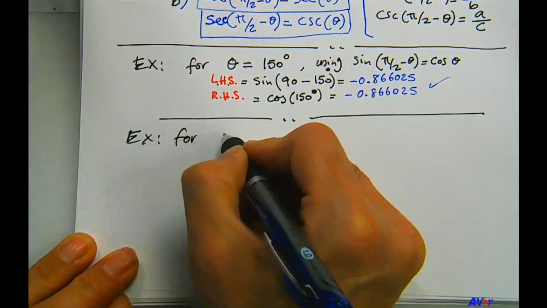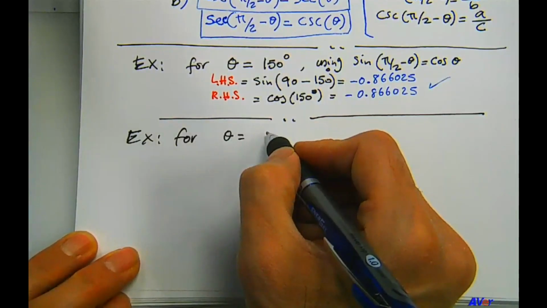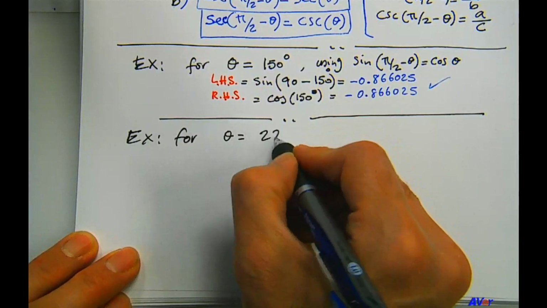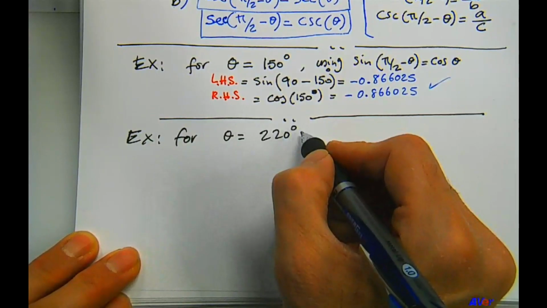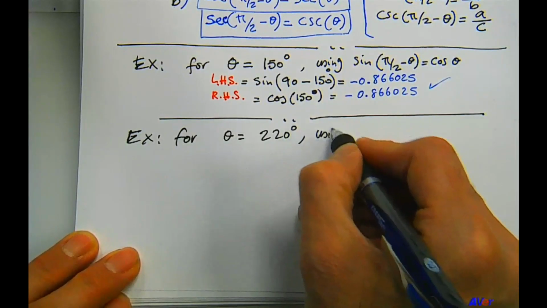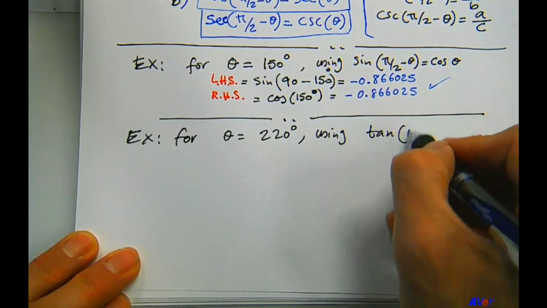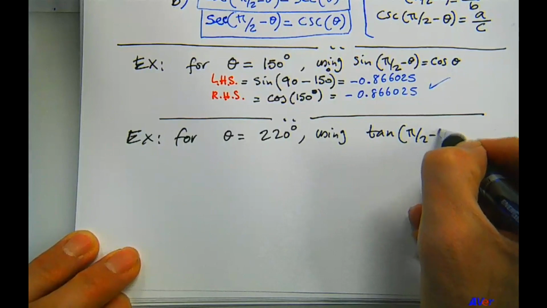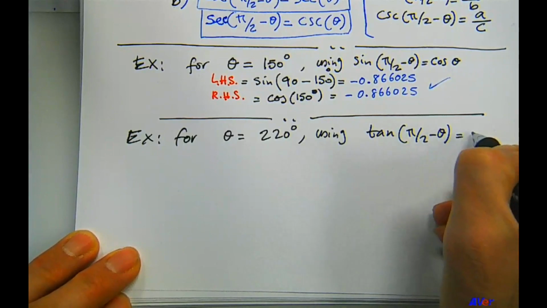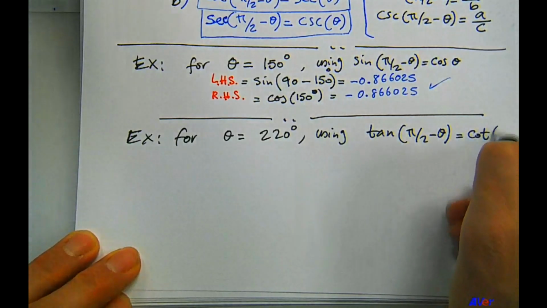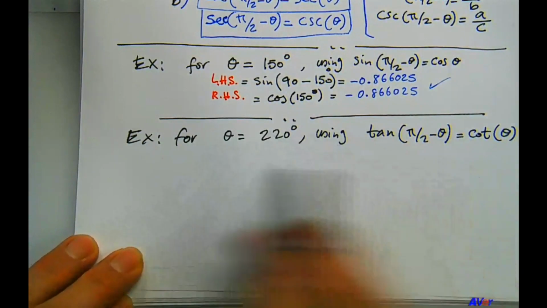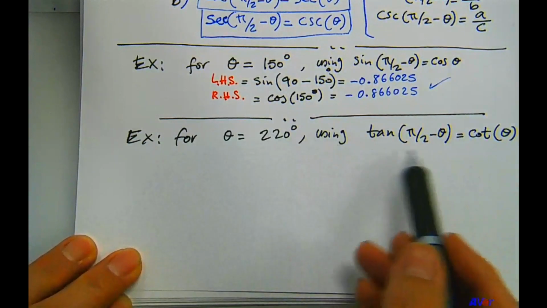For theta, let's pick another theta, say 220 degrees, right? Using that one that I just pointed to, tangent of pi over 2 minus theta equals cotangent of theta. We want to test to see if this formula works.